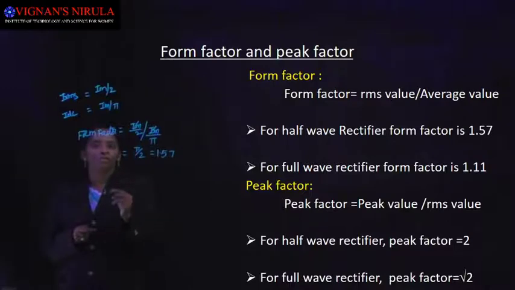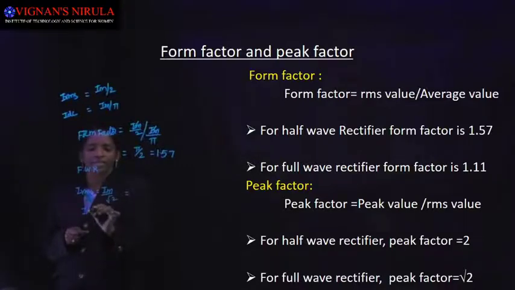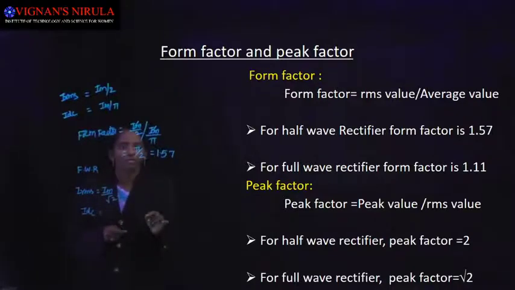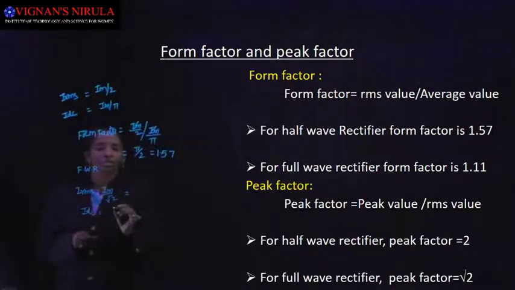For the full wave rectifier, the form factor is equal to the RMS value over the average value. IRMS for the full wave rectifier is Im by root 2, and the average value IDC is equal to 2 Im by pi.